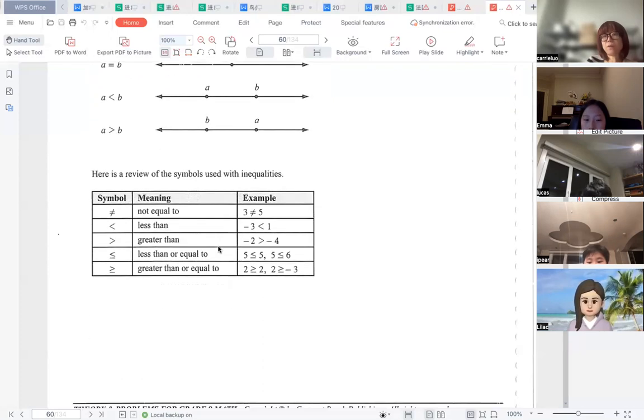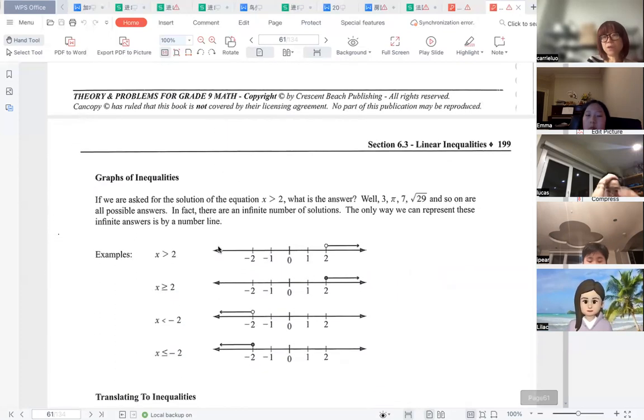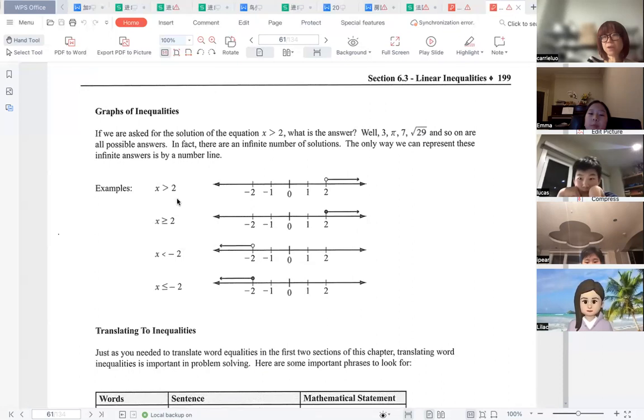Okay, so everybody, I want you to take a look at this one, okay? When you have X is bigger than 2, Lucas, this 2 is a hollow circle. Emma, Lilac, and Daniel, take a look, okay? It's a hollow circle. Why? Because X is not equals to 2.